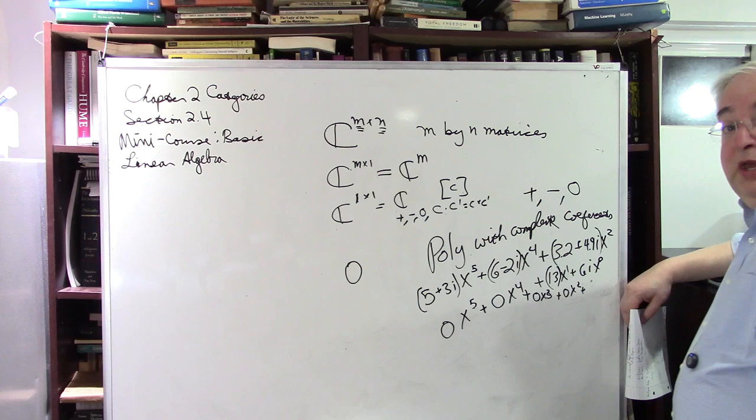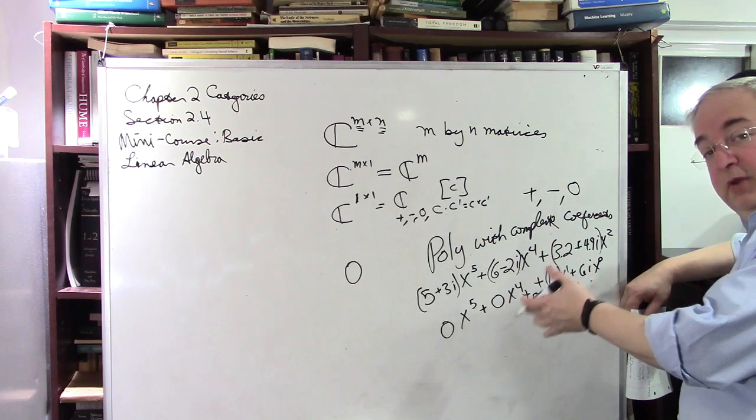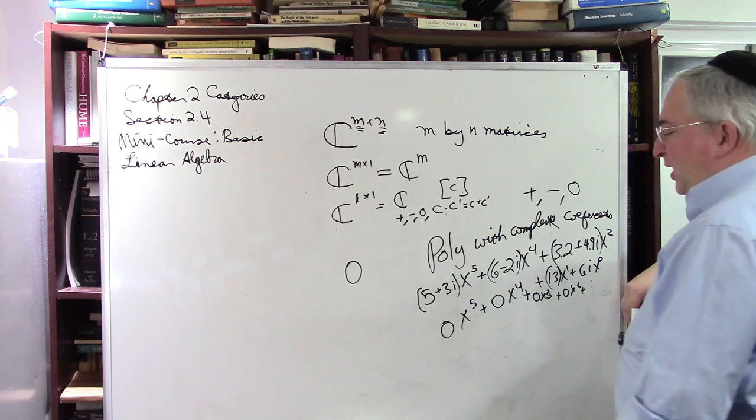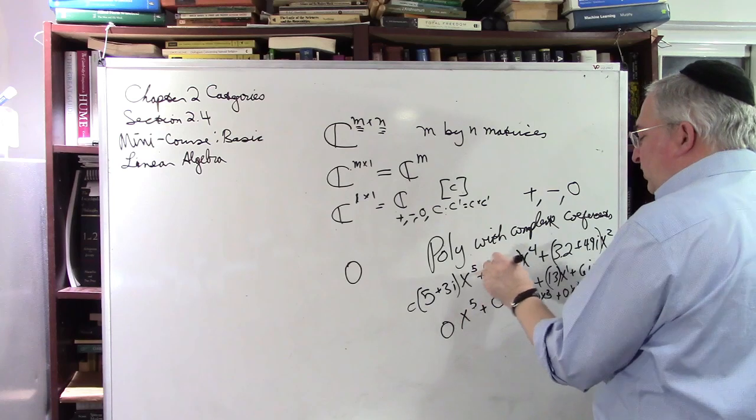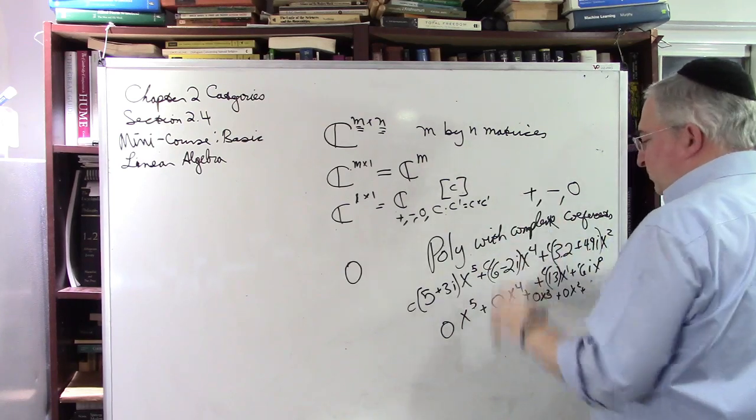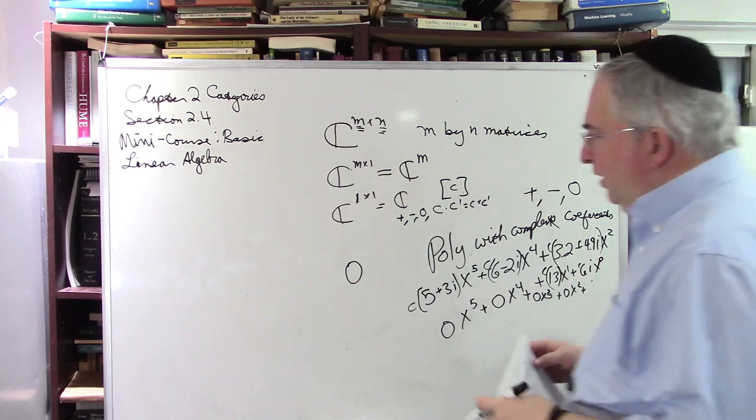Just a bunch of zeros. Whatever you put into that polynomial for x, you get out 0. Okay, so that's the 0 polynomial. Scalar multiplication is multiply by c. Multiply each of the coefficients by a complex number. Easy as can be.